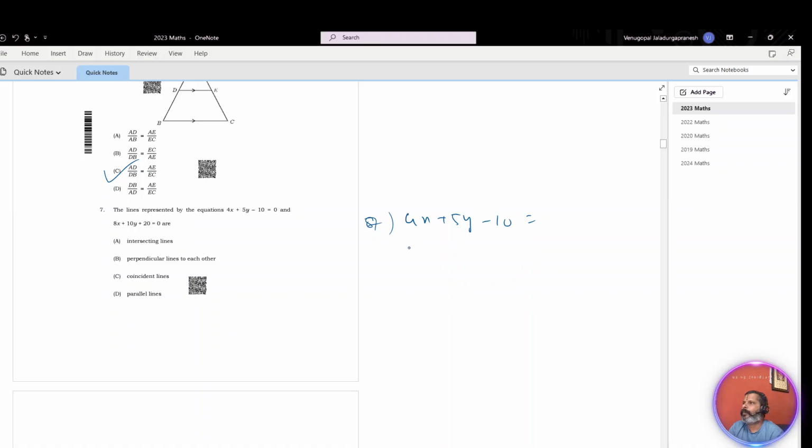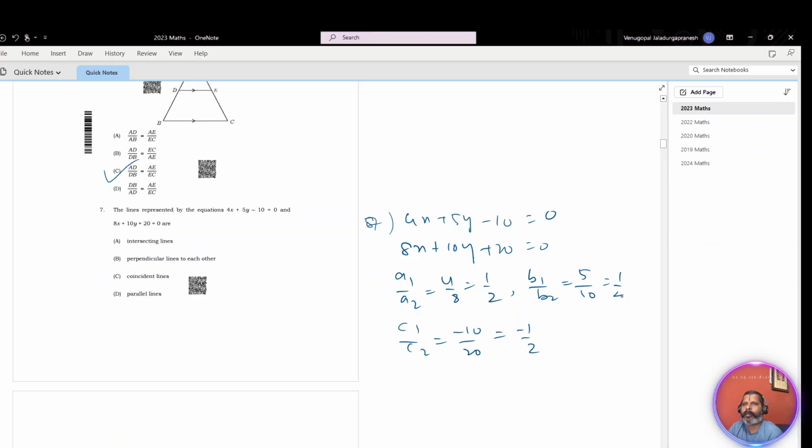8x plus 10y plus 20 is 0. So A1 by A2 is 4 by 8, that is 1 by 2. B1 by B2 is 5 by 10, that is 1 by 2. C1 by C2 is minus 10 by 20, that is minus 1 by 2.